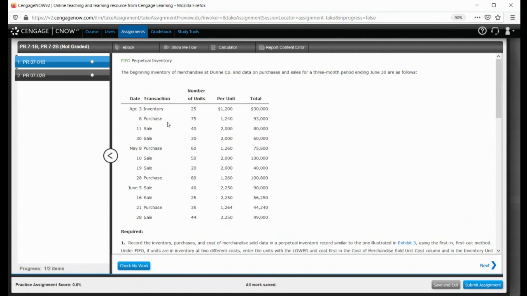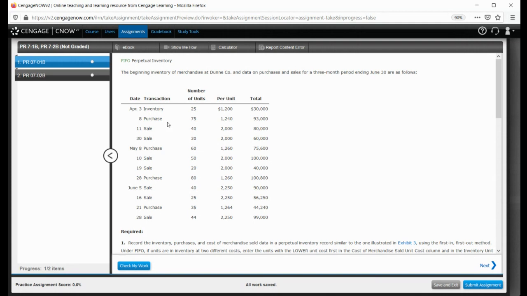They did not give you a journal to work through as far as purchasing transactions, but I do want to review with you what the journal entry would be. In a perpetual inventory system, we're keeping a record of every time we purchase merchandise. That's going to add to our merchandise inventory account.